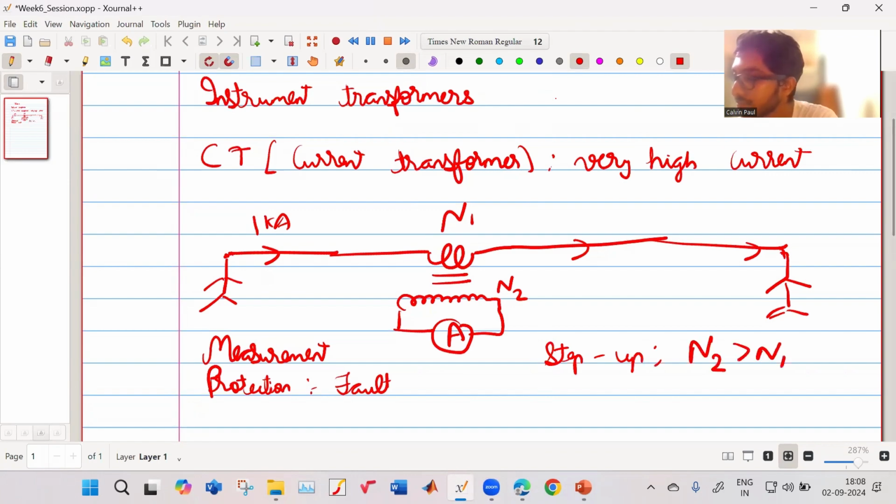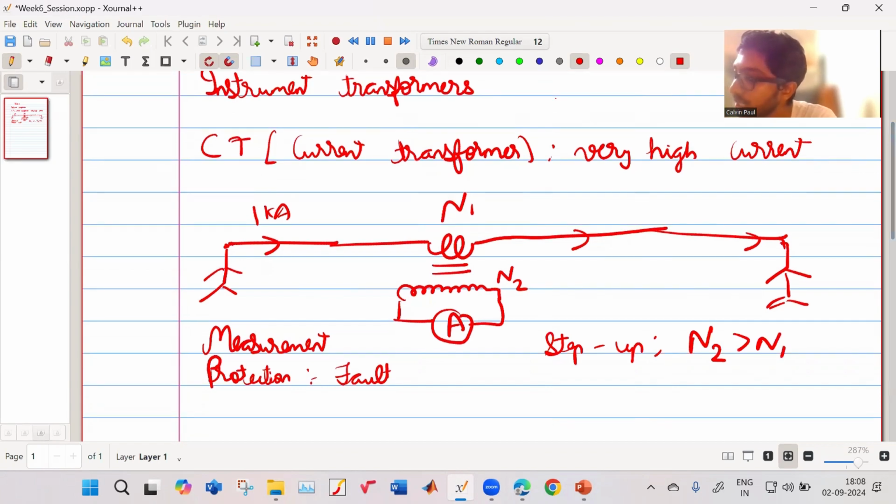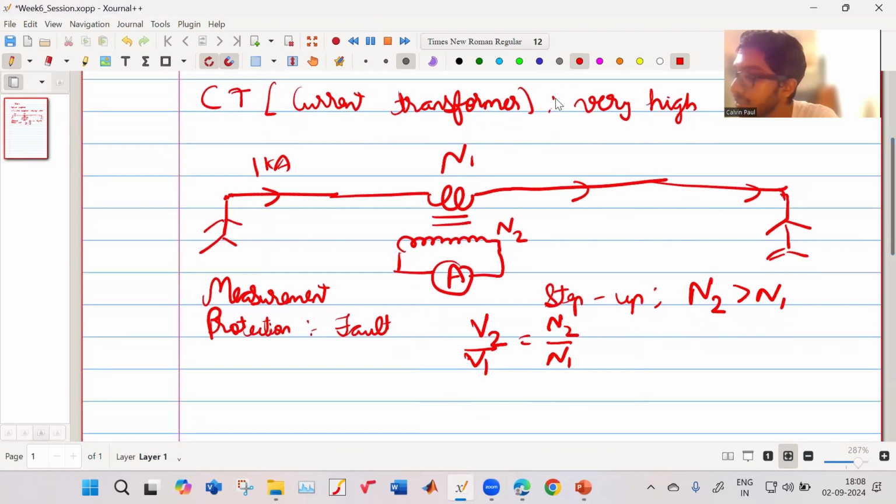For a transformer, we know that the voltage V2 upon V1 is equal to N2 upon N1. This is for an ideal transformer. There's another relation, that is I1 N1 is equal to I2 N2.